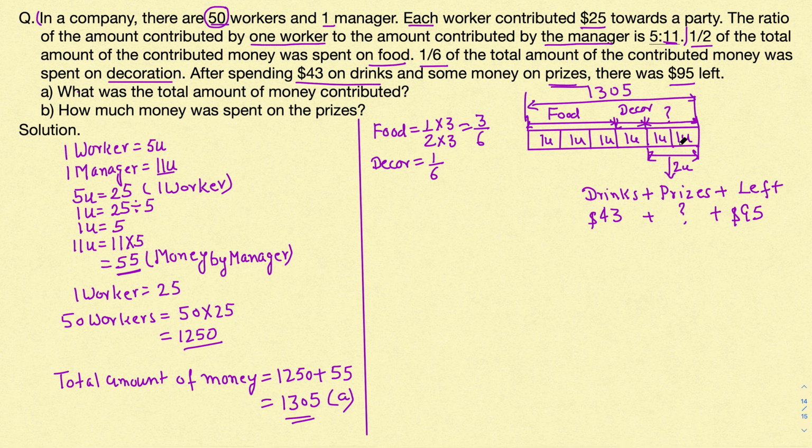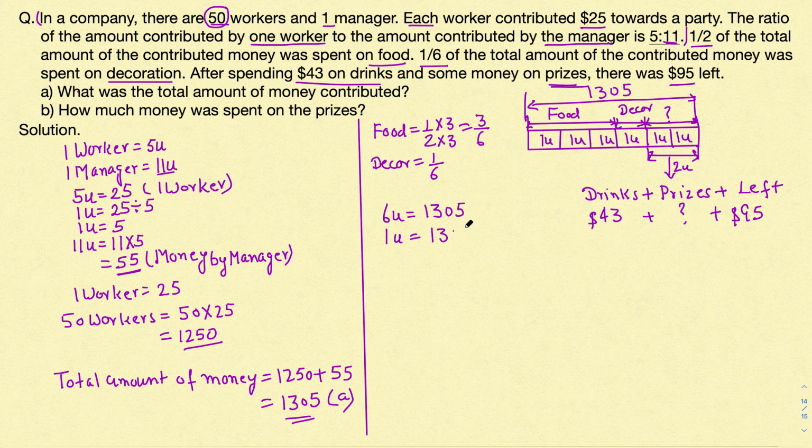So from here we can say that 6 units is equal to 1305, right? Because we have divided the whole amount of money into 6 equal parts, and the total amount of money is 1305.